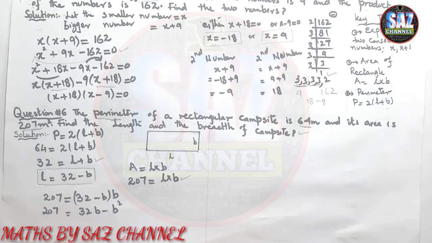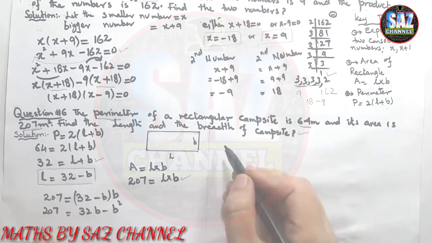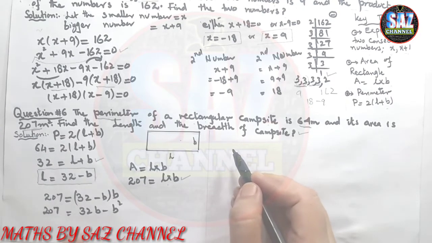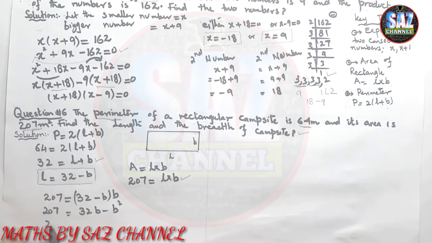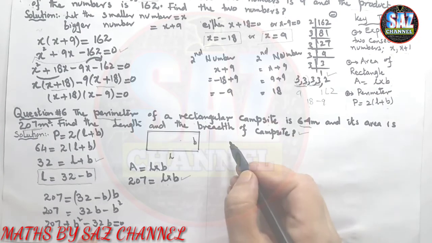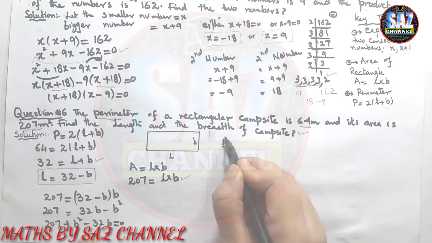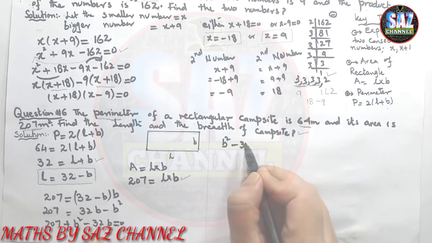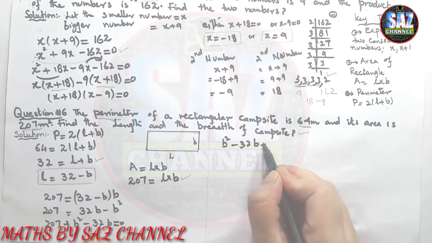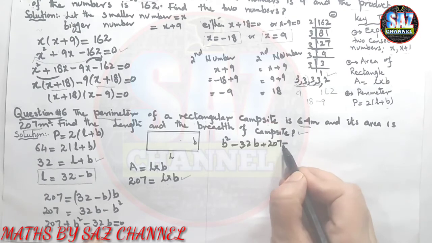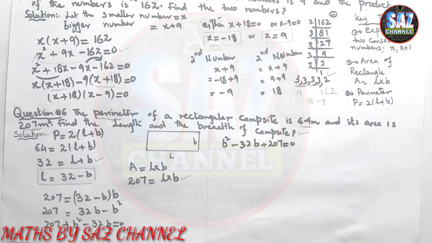Make it a standard quadratic equation. Shifting these two terms to this side, 207 plus B square minus 32B equals 0. Rearranging, B square minus 32B plus 207 equals 0. Now this is the standard quadratic equation.